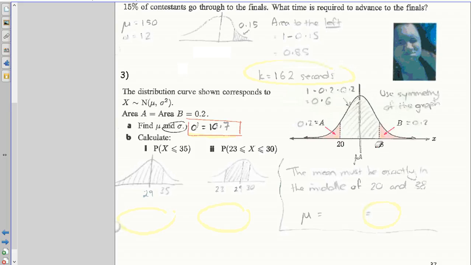To find the average of two numbers, you add them together and divide by 2. So 20 plus 38, plug that into a calculator over 2, use your alpha y equals to make a nice fraction. And 29 is the mean, mu. So we've found the mean.